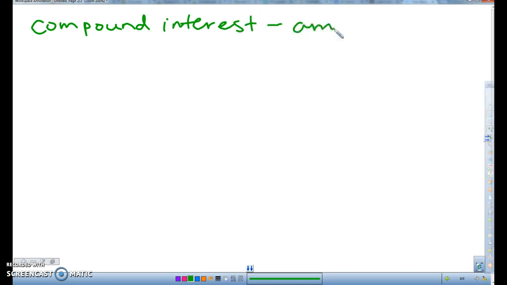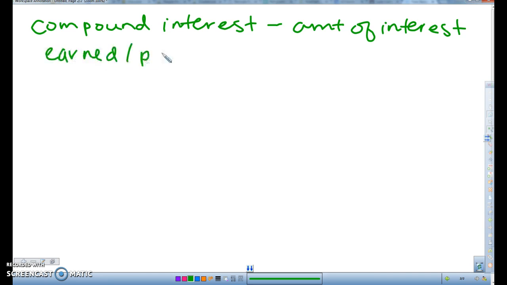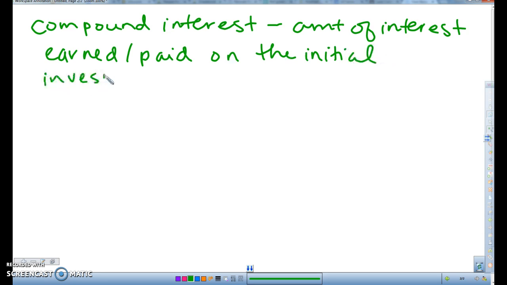Compound interest is the amount of interest earned or paid on the initial investment and on the previously earned interest.